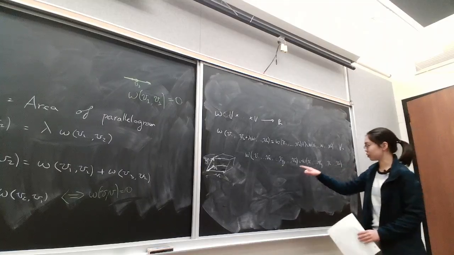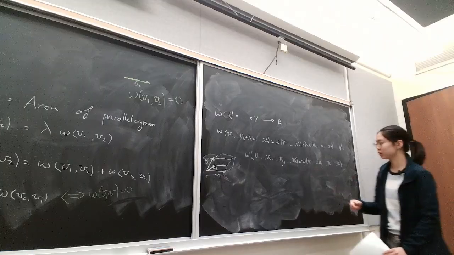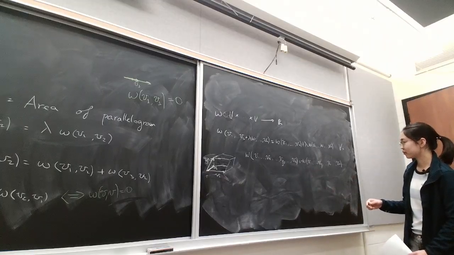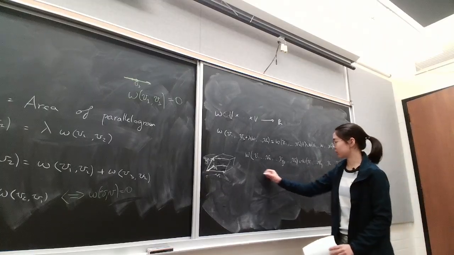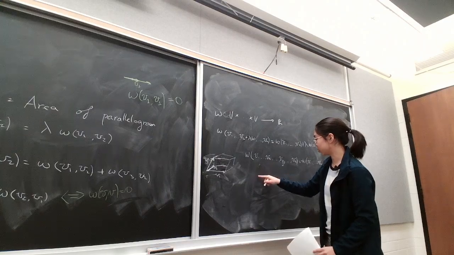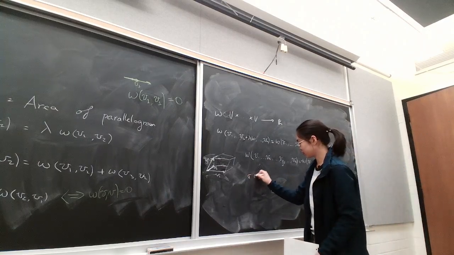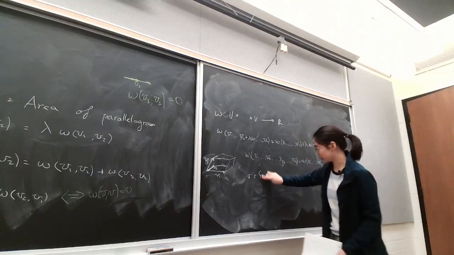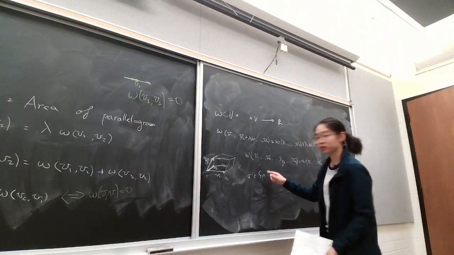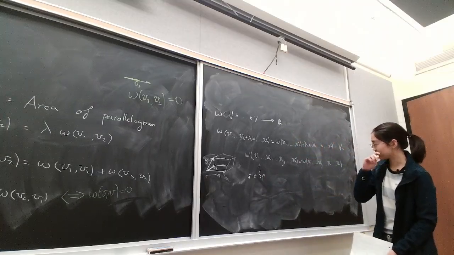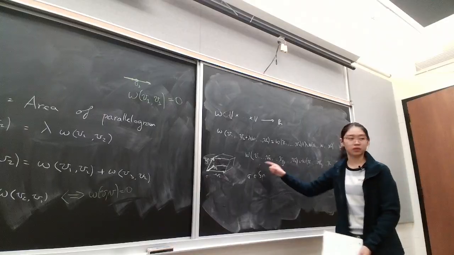But this is not the most convenient way to write this. This is actually equivalent to saying that, let's say we have a permutation on an object, and we can just permute the coordinates.